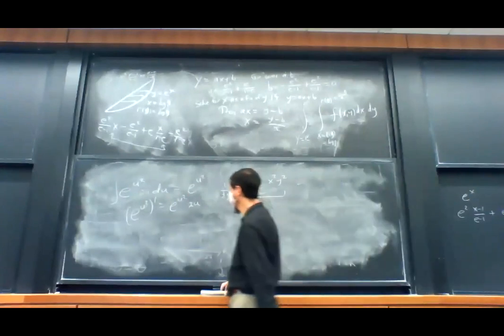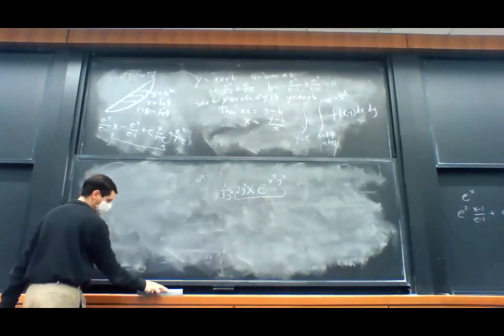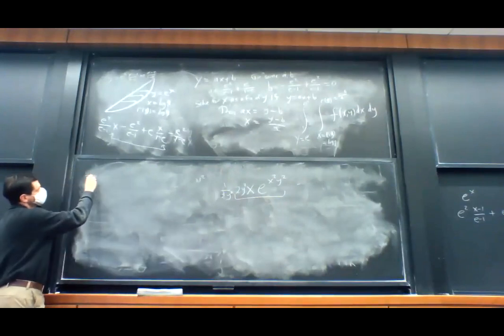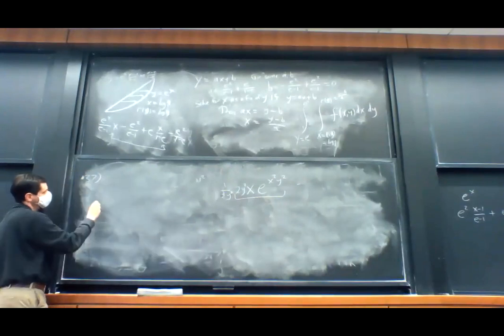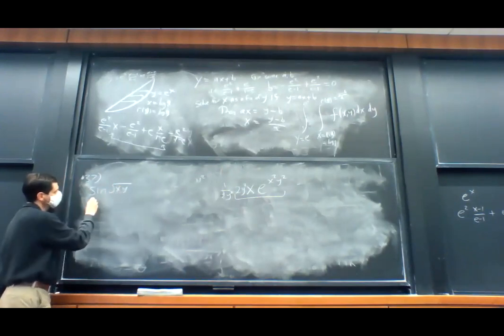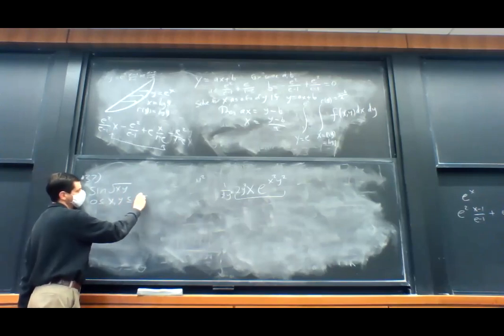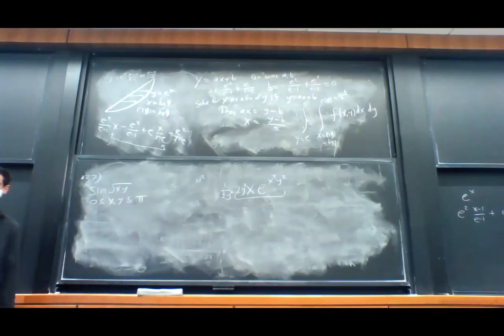Okay. So there was a couple of questions on problem 37 from the homework. And so we had the function sine square root of xy, 0 less than or equal to xy, less than or equal to pi. And we wanted to bound the integral.